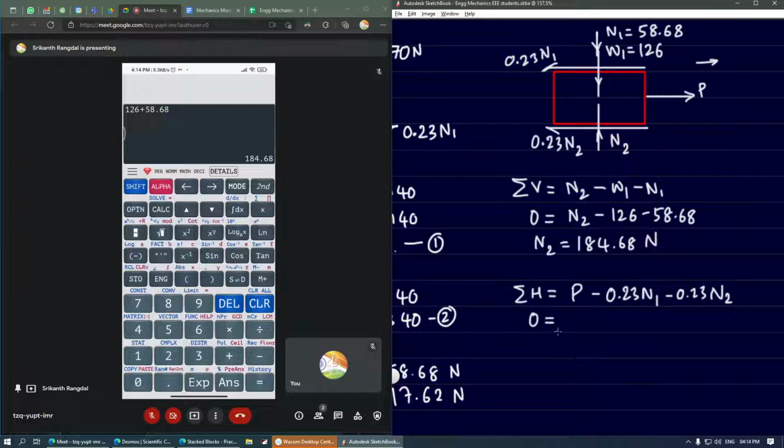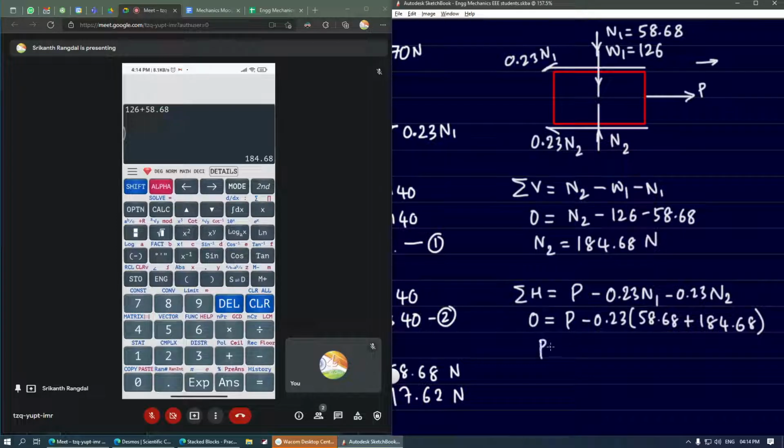Substituting the values, we have sigma H as 0, P is unknown, we can take 0.23 common, N1 value we know, that is 58.68, and here we'll get plus N2 value we also found over here, 184.68.